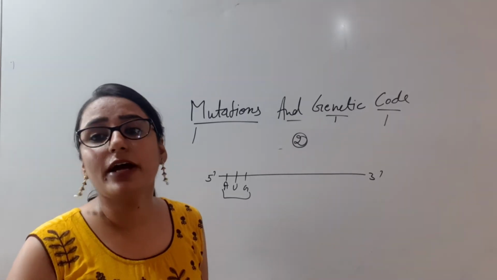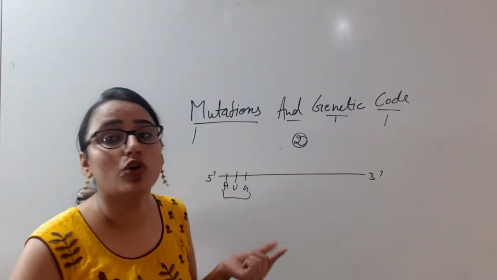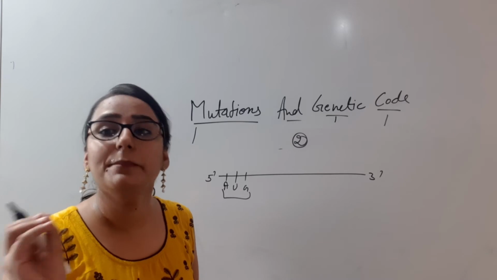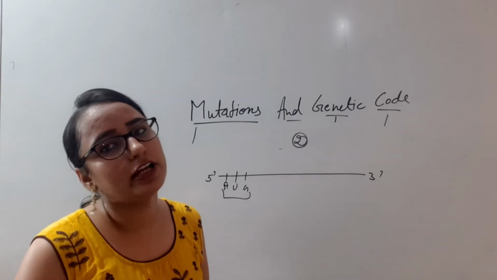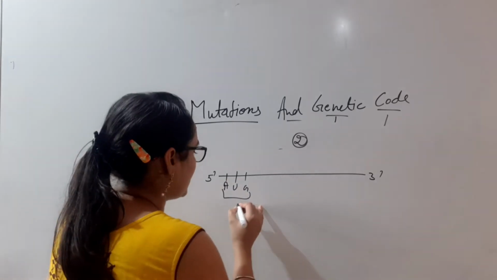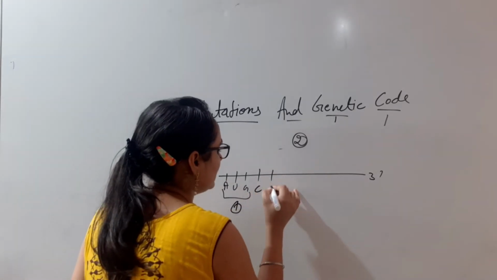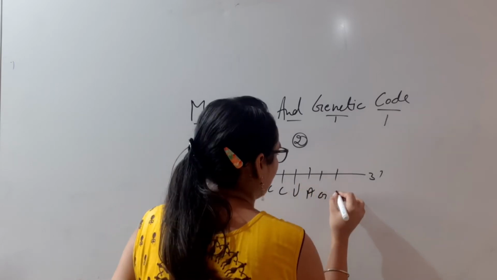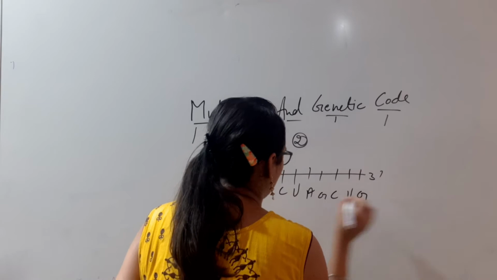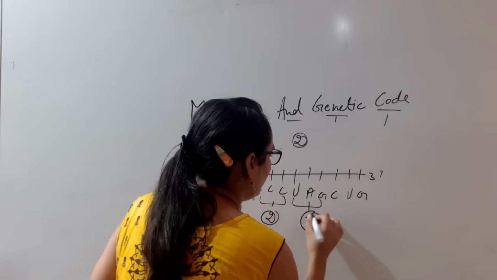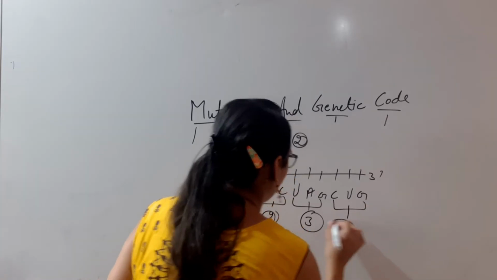Why is the first amino acid methionine? Because the first codon, that is the initiator codon, will always code for the methionine amino acid. So the first amino acid will always be methionine in any polypeptide. So first, suppose this is the first codon, second is C, U, A, G, C, U, G. This is the second codon, this is the third codon, this is the fourth codon.